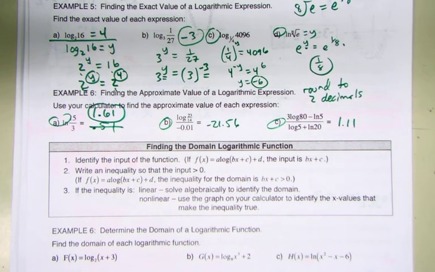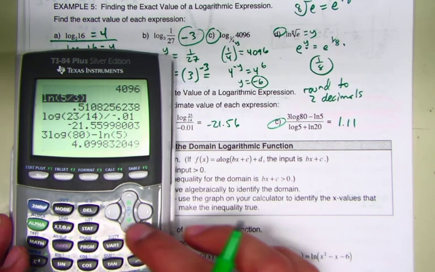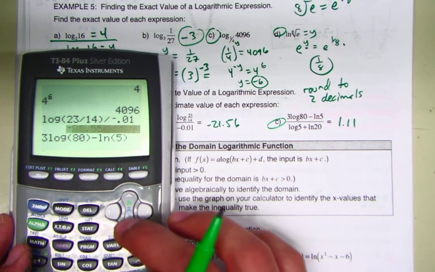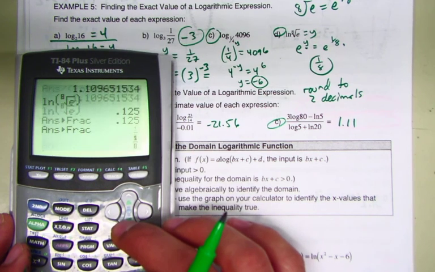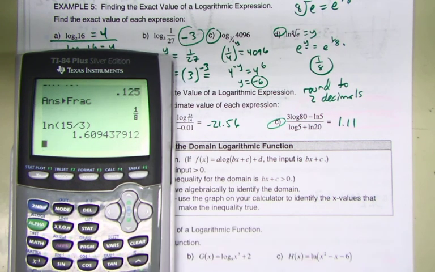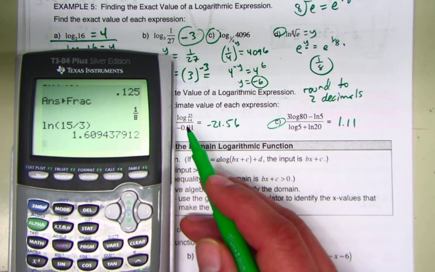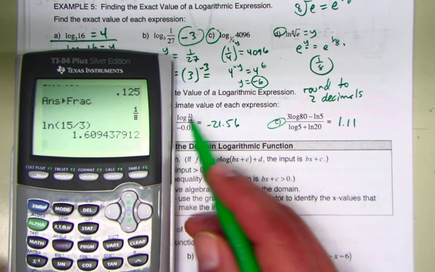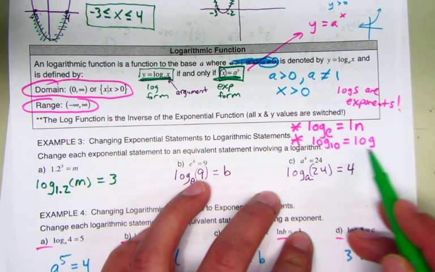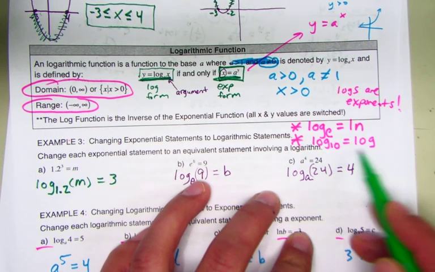Yes? Wait, how do you type the other, with B? Well, you can just use the log button. It's base 10, right? If you don't see a base, because log base 10 and just regular log are the same thing.